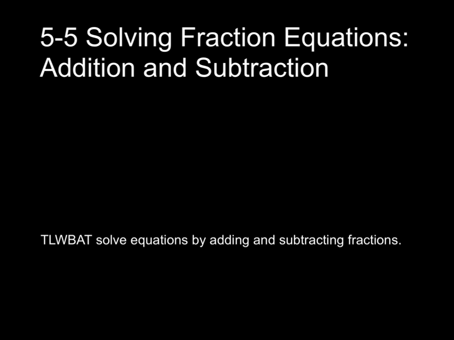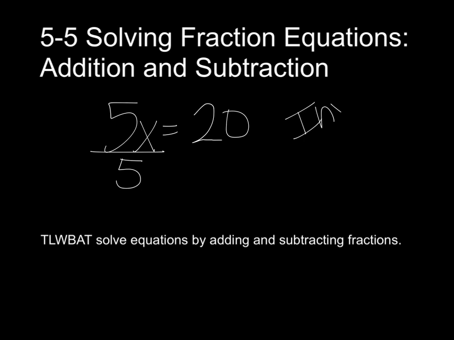So we're taking this way back to Chapter 1, I believe, where we used to solve equations like 5x equals 20. Then I would divide by 5, do our inverse operations.